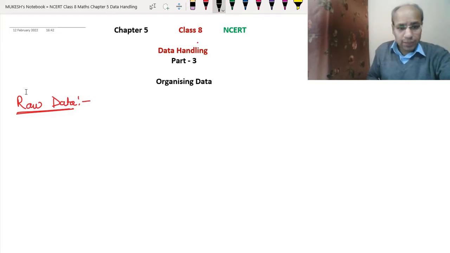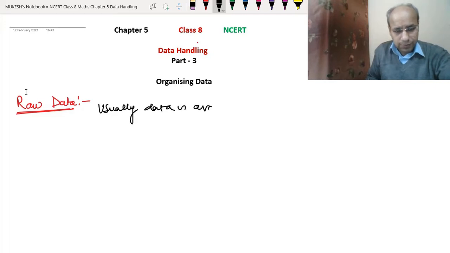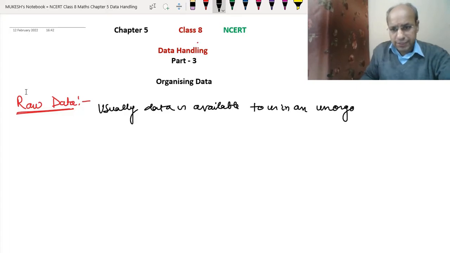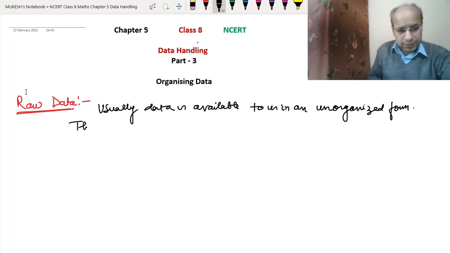Usually data is available to us in an unorganized form, and this is called raw data.